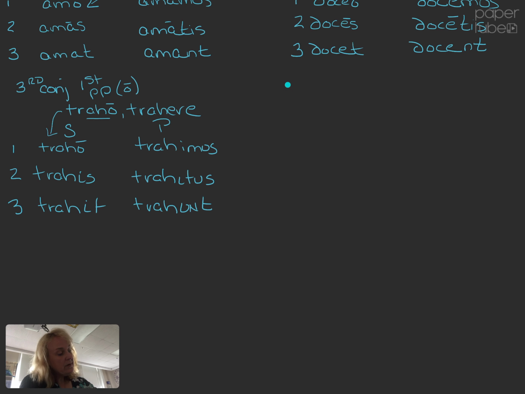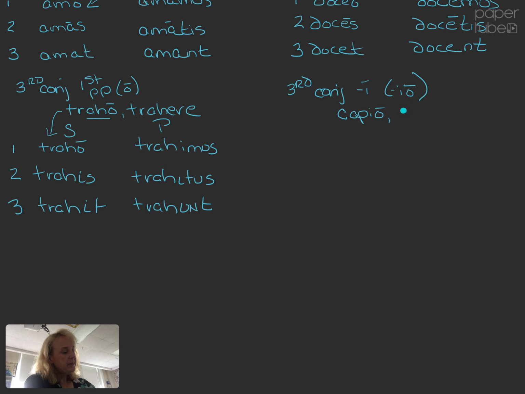Now we also have third conjugation I. Some people call them I-O. I was originally taught I. I've since started saying I-O, but you might hear me say either because I really was taught I. Third I. So what's our example verb?